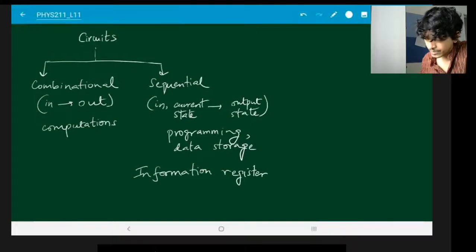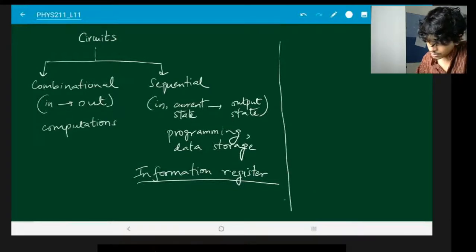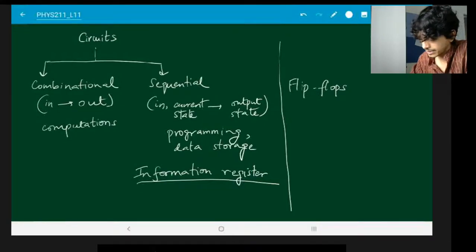You will use a sequential device as your information register. So it will store data over there, or you can store some programming instruction over there. So today we are going to be looking at information registers which are called flip-flops. So let's look at these in some detail.